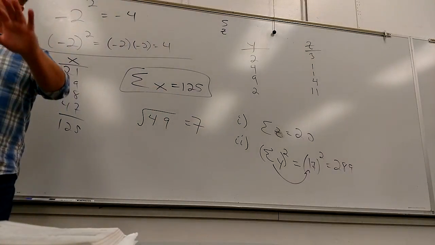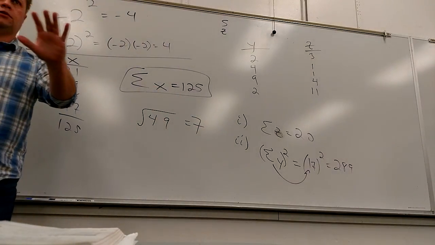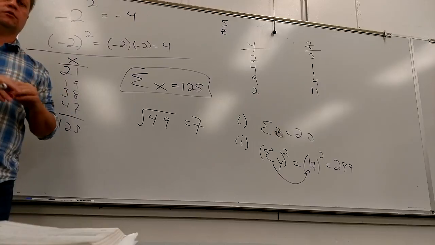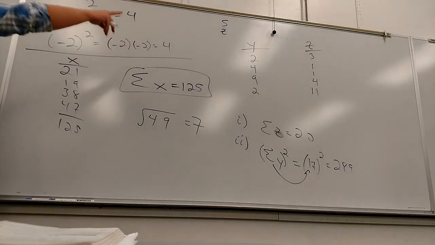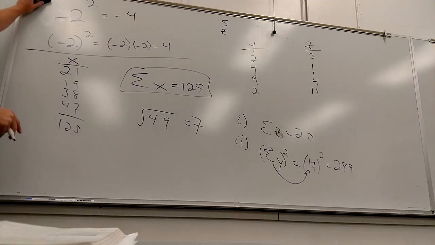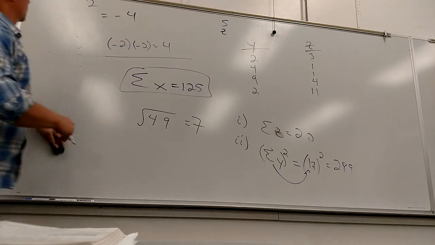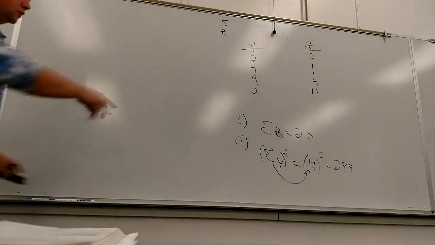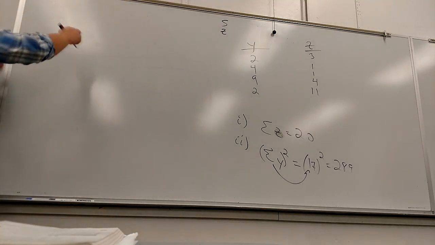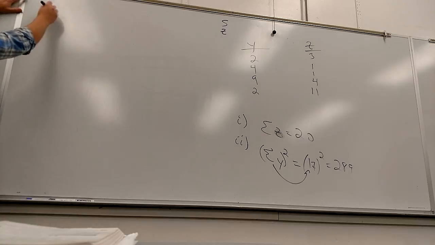All right, how are we doing so far? A little bit good. All right, let me play around with those z's over there for a second. So, how would you do this then?